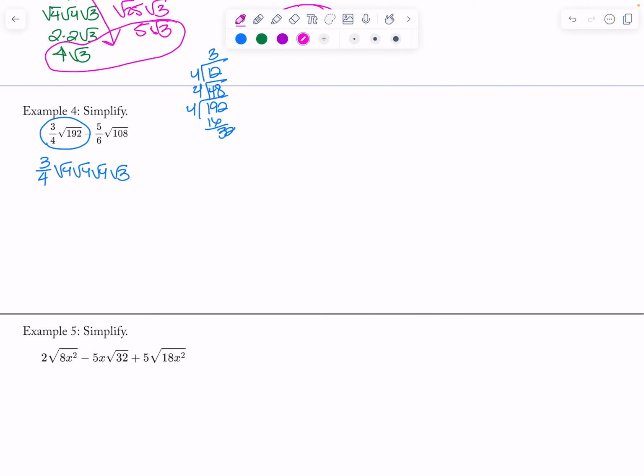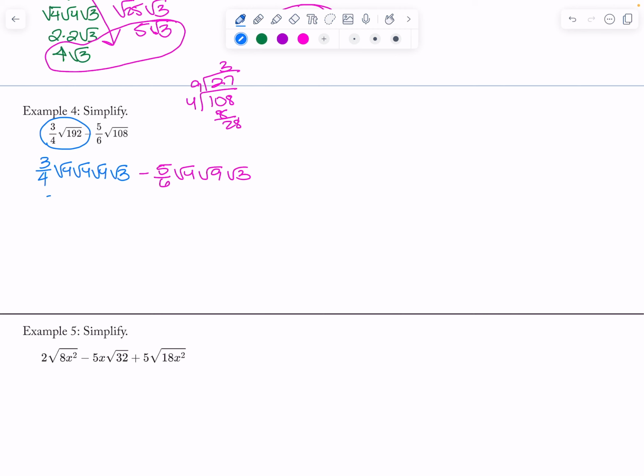Okay. Now, if you get embarrassed by your arithmetic, erase it and pretend like it doesn't happen. Okay, so now I have 108, right? So 108 is divisible by 4, giving 27. Oh, look, divisible by 9. So 9 and 3. So then this is minus a 5/6, and I have a root 4, root 9, and a root 3.